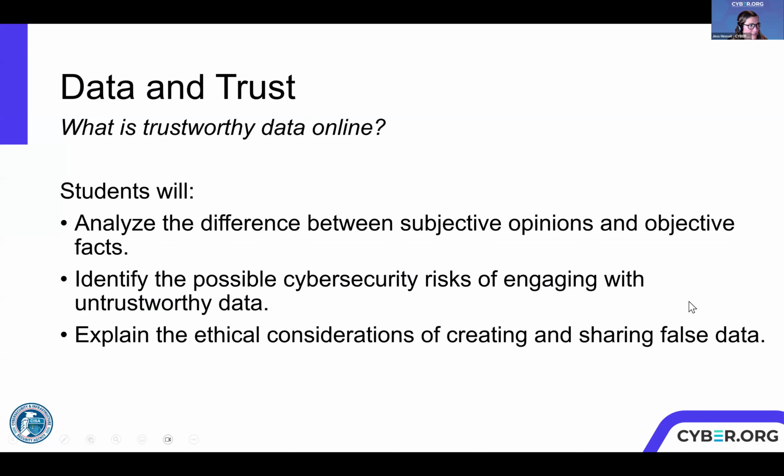So this lesson's focus is on what is trustworthy data online, and students are going to practice analyzing the difference between subjective and objective, identify possible cybersecurity risks for engaging with untrustworthy data, and talk about the ethical considerations for creating and or sharing false data online. So it is going to talk through kind of all of those in the lesson.